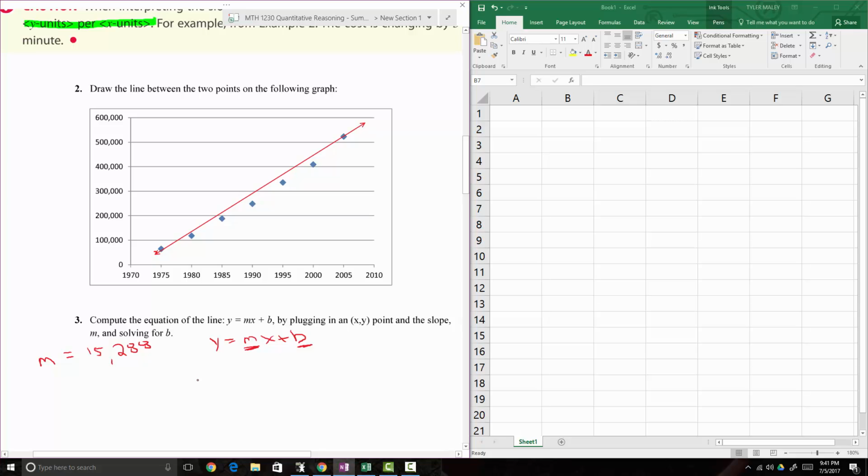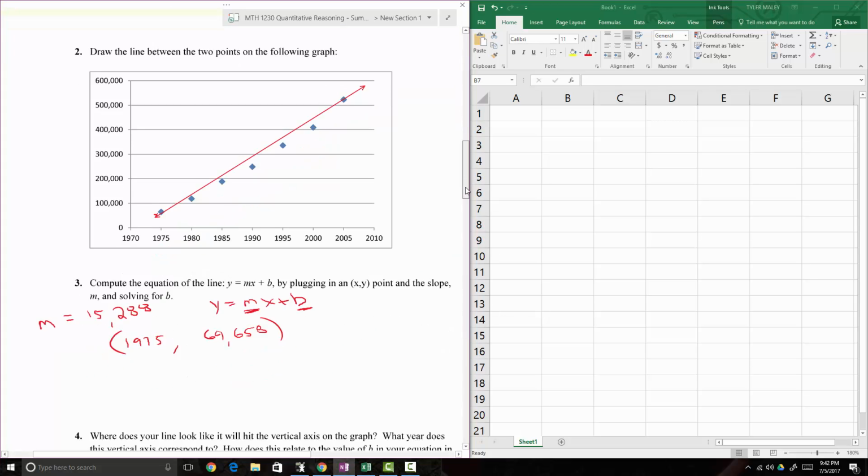So I could plug in the point 1975 and 64,658. By plugging in this point, I need to solve for b.